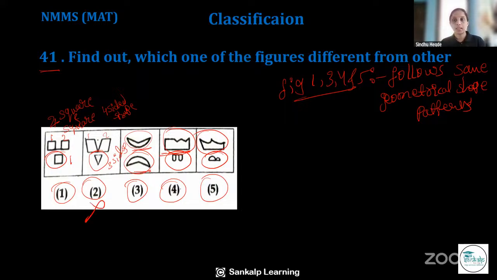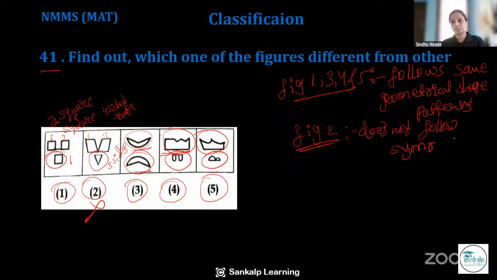The above shape contains a four-sided image, below it contains a different one, that is a three-sided image. So figure 2 does not follow symmetry. So figure 2 is different from the rest.